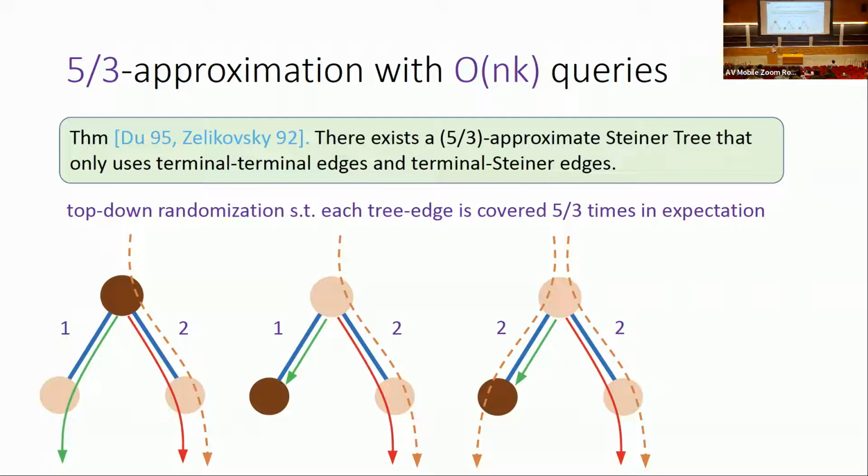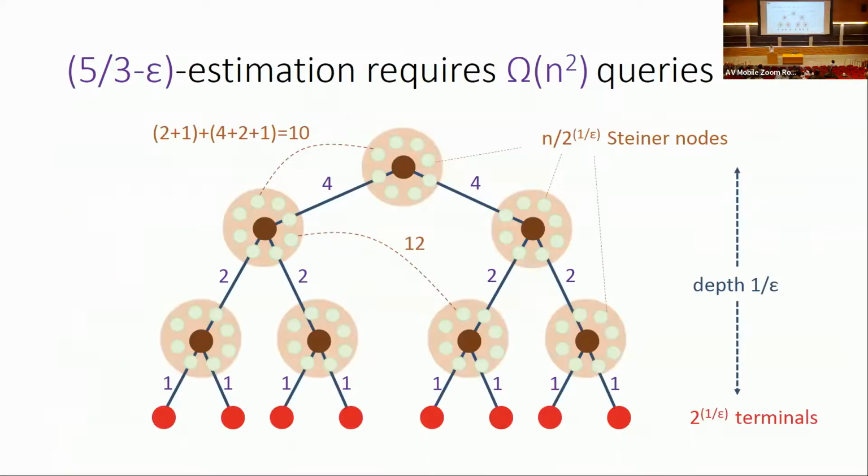And in each of these cases, the edges are covered either once or twice. And since they each happen with probability 1/3, we can ensure that eventually every edge is covered 5/3 times in expectation, and end of the proof. So iterative modification until we only get terminal edges or terminal standard edges. So this is part of the 5/3 upper bound algorithmic result.